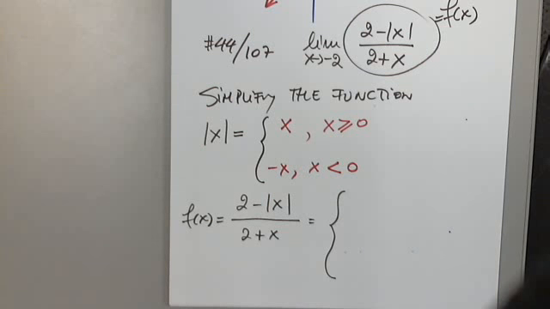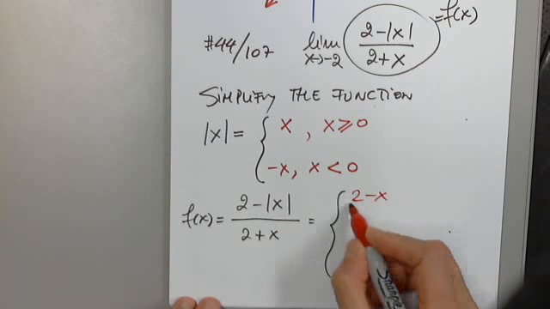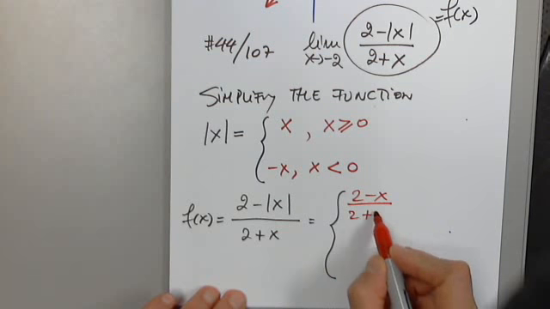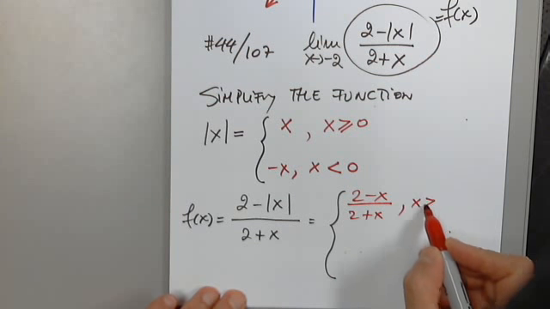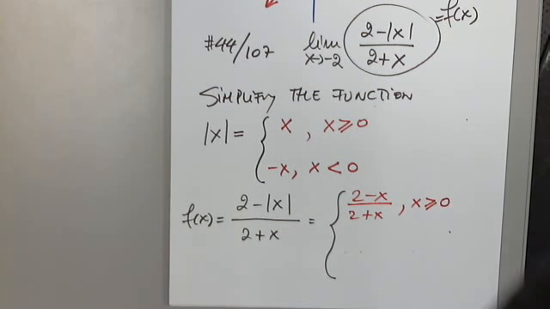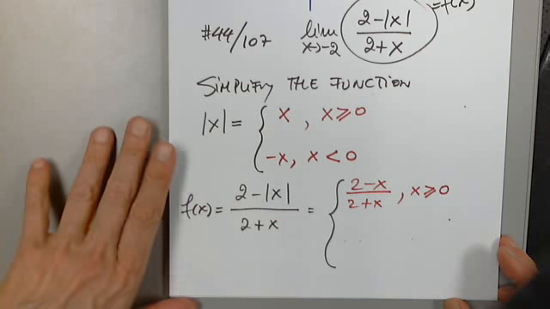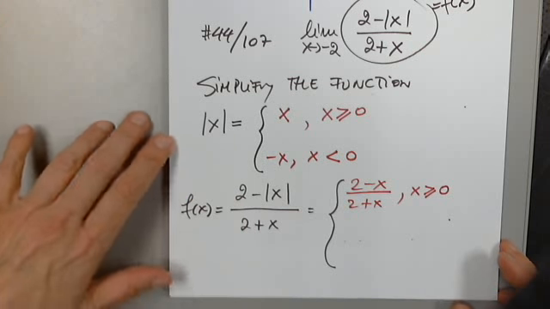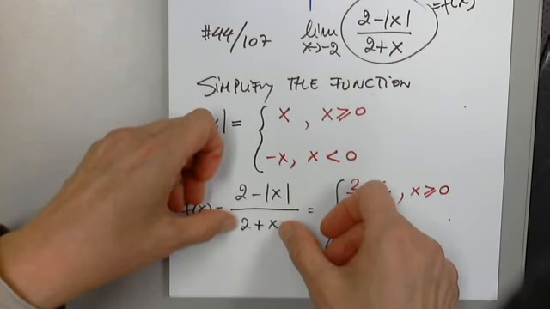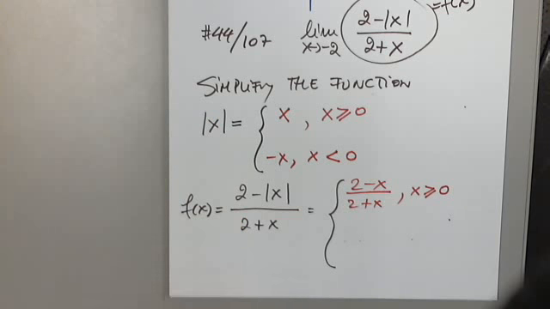What will I have at the top? 2 minus x, over 2 plus x. Very good. For x greater than or equal to 0. Very good. Now the second option. 2 plus x. Very good.